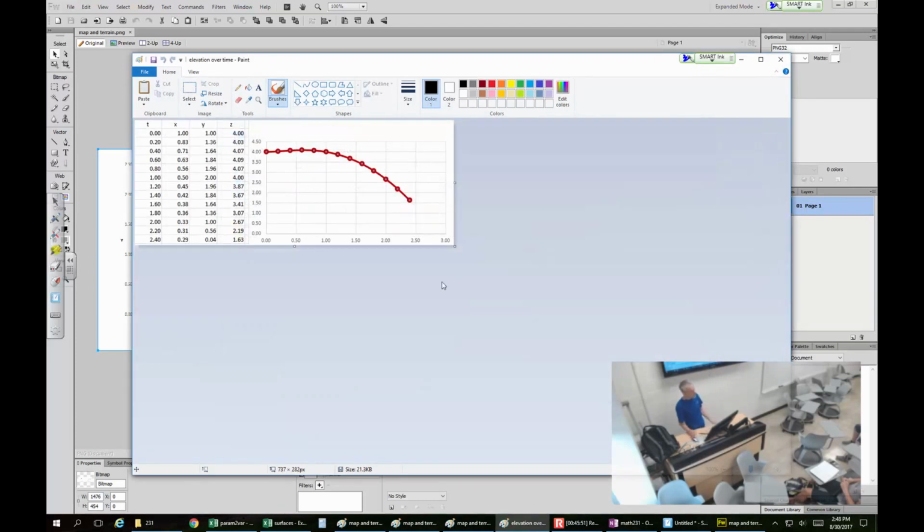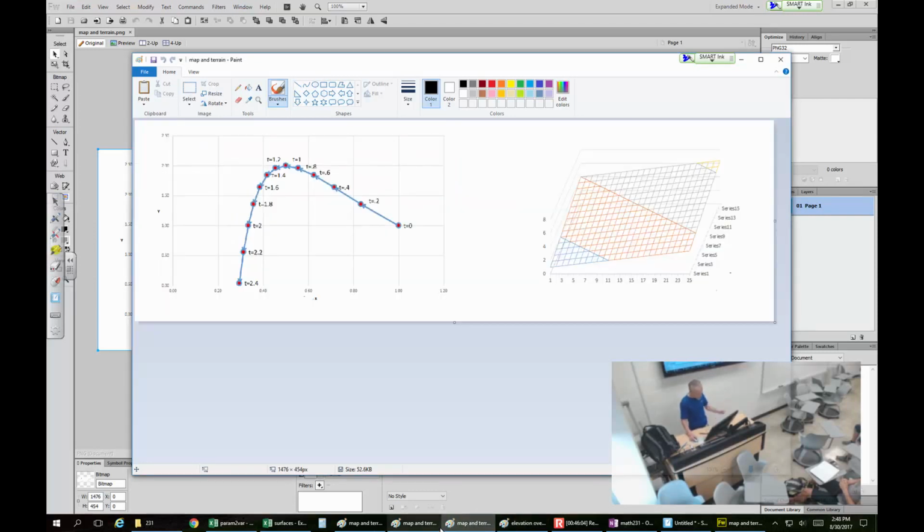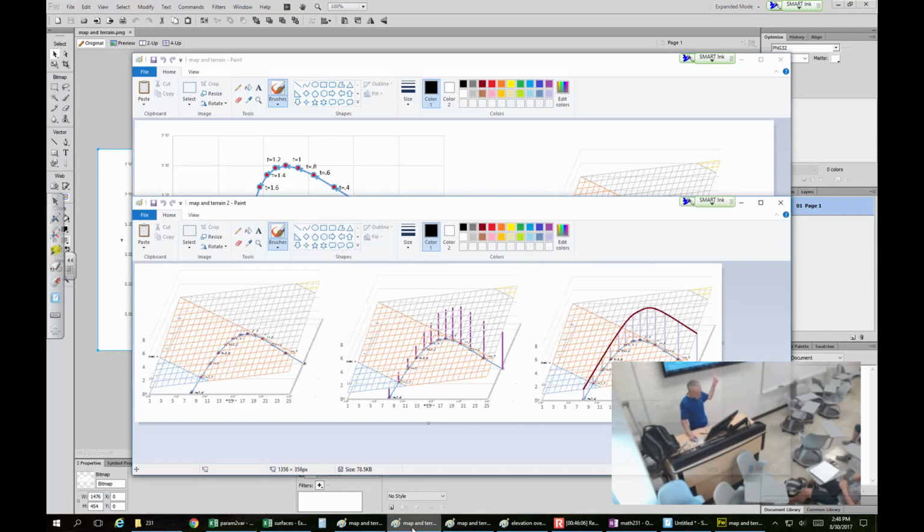The composition gives me a function of time, which appears to be fairly constant elevation in the beginning, and then it goes down. That's roughly what we see in the previous picture, right? We start high and then we go low. But the end result is elevation as a function of time. And then we need to differentiate.